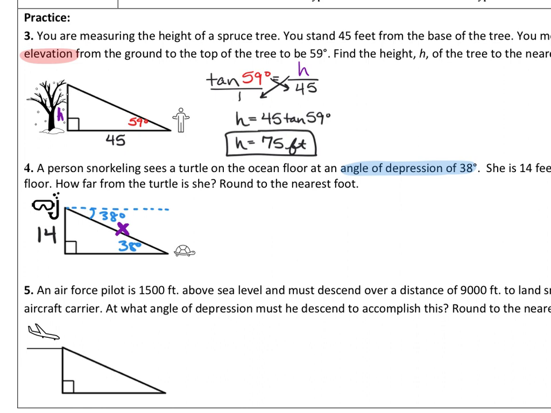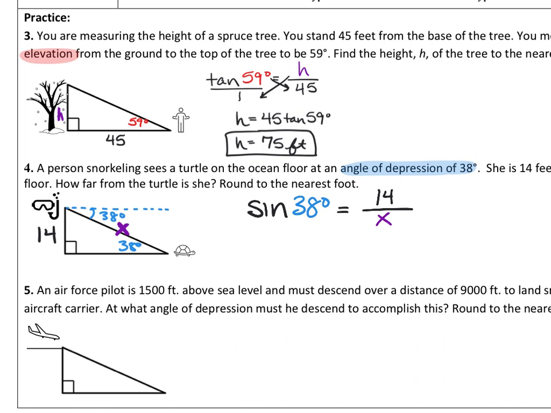So it's opposite. If we're involving the opposite and the hypotenuse, which trig function are we going to use? Sine. Very good. So the sine of 38 degrees is going to be equal to the opposite, which is 14, over the hypotenuse, which is x.